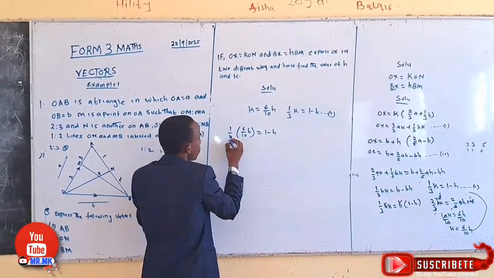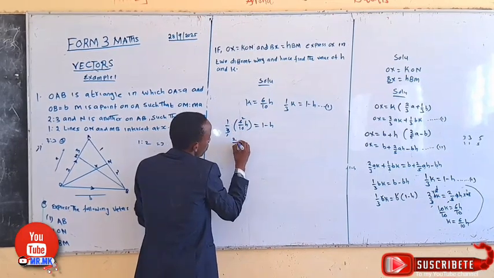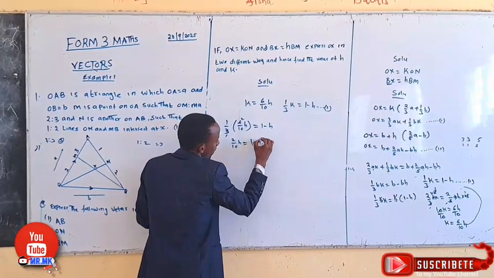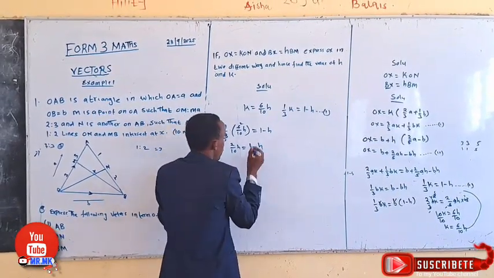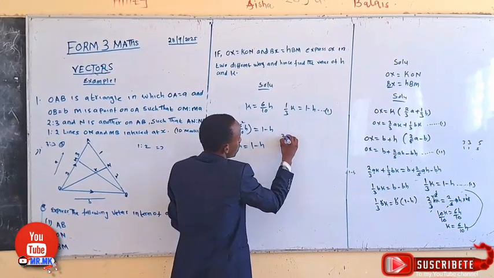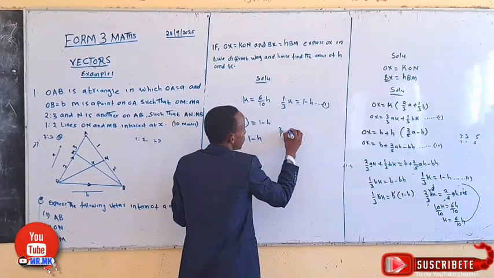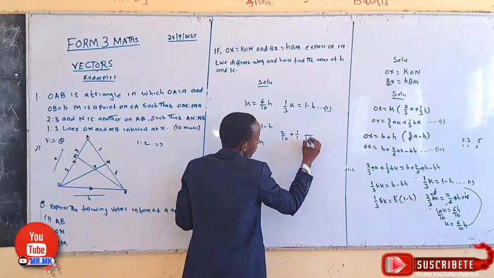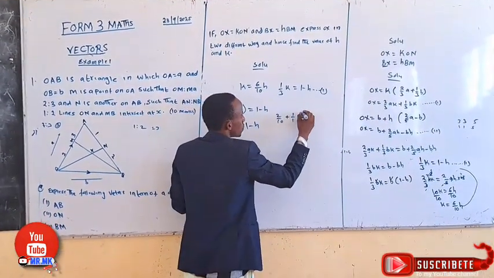Now 3 divided by 3 is 1, 6 divided by 3 is 2. 2 over 10 h is equal to 1 minus h. If I were to remain with the like terms, a positive, I just say it is like this, 2 over 10 h plus h, which is 1 over 1. LCM is 10. 10 divided by 10 is 1 times 2 is 2.